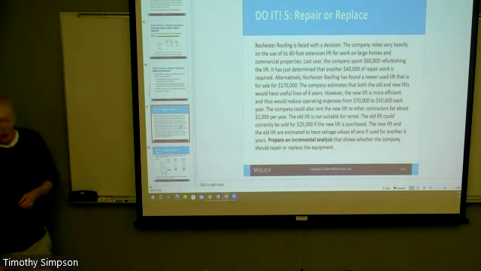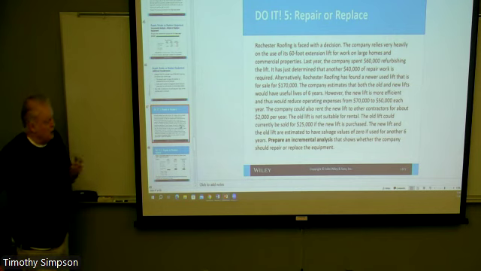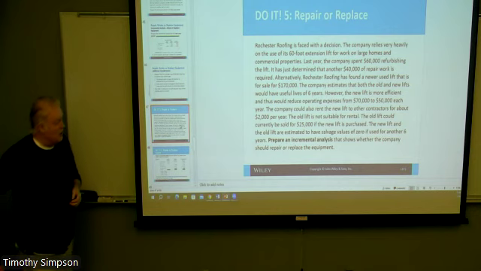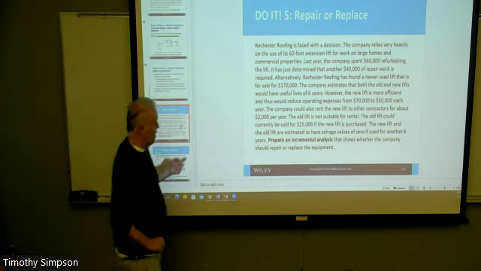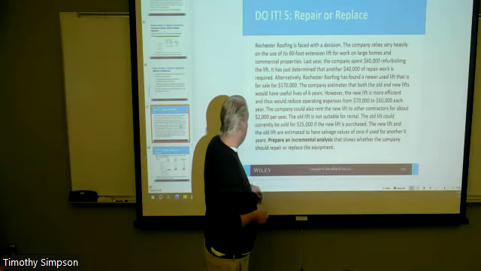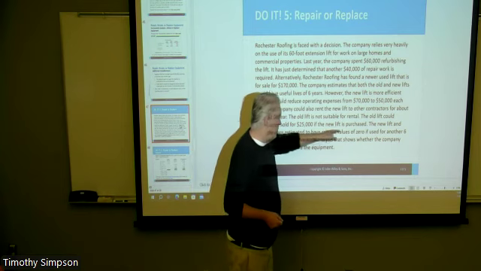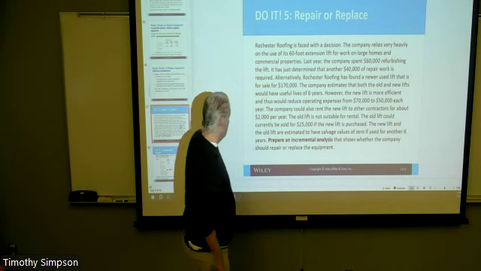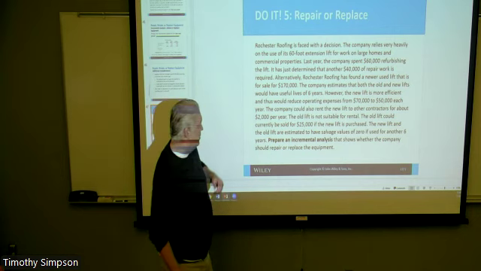That's really what is going on here, the idea of trying to help management make good decisions. And so in this case, the accounting staff is tasked with deciding what should we do. Now, the old lift, if we got rid of it, can be sold for $25,000, which is pretty good, right? And the new lift and the old lift are estimated to have salvage values of 0. Again, that makes our lives relatively easy. And so prepare an incremental analysis.